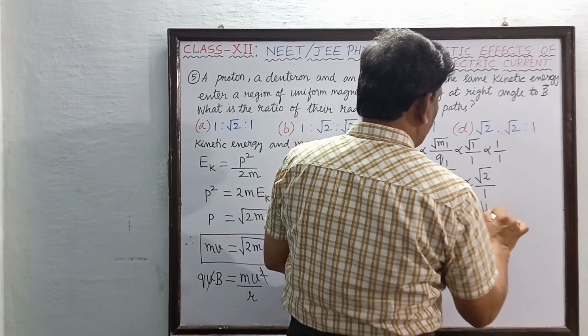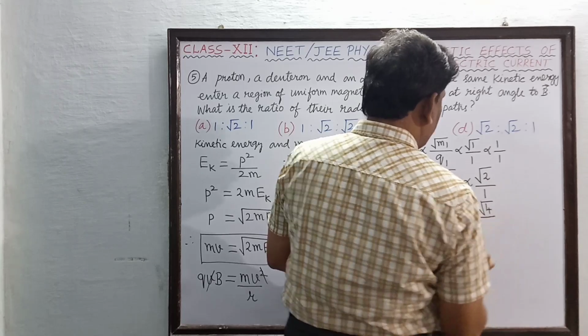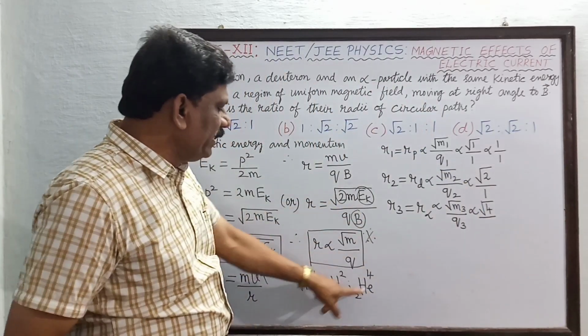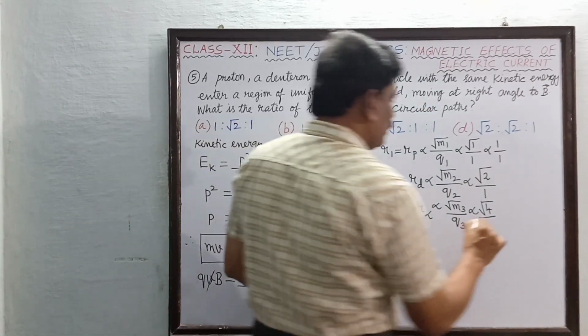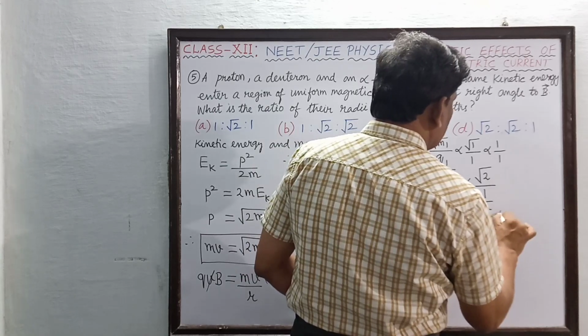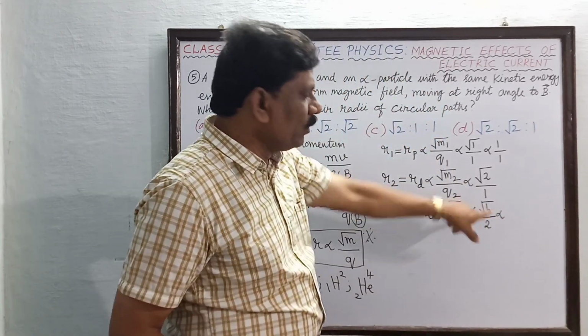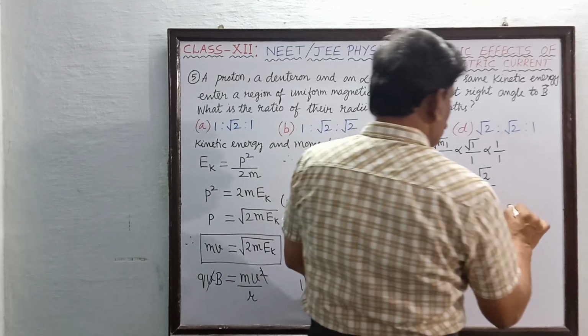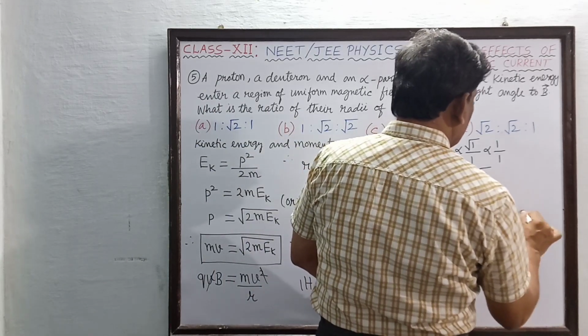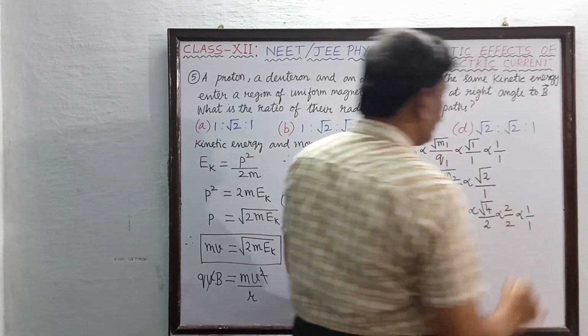Square root of 4 is 2, so this is 2 divided by 2, proportional to 1 by 1.